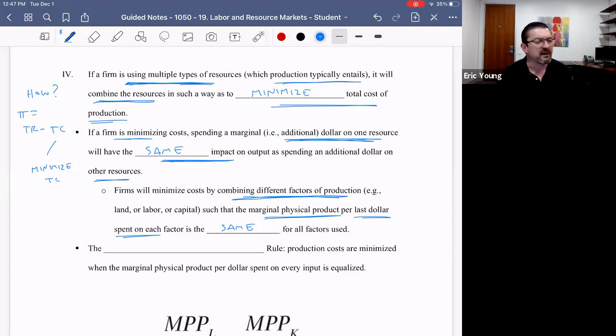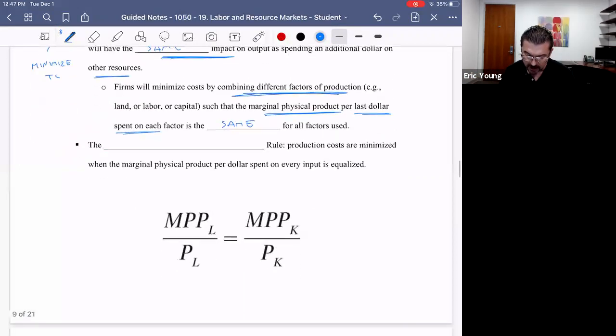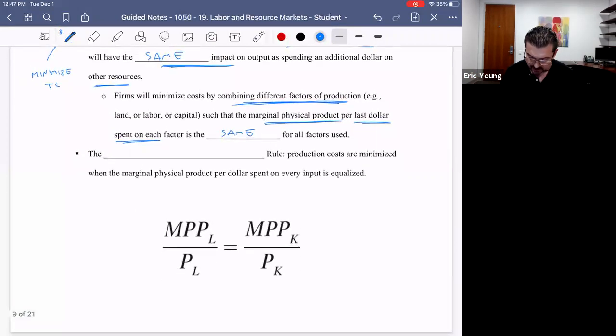Only when the bang for the buck for all the different resources is equal are you minimizing your total cost of production. We can summarize this in this very fancy equation, which is not that hard.